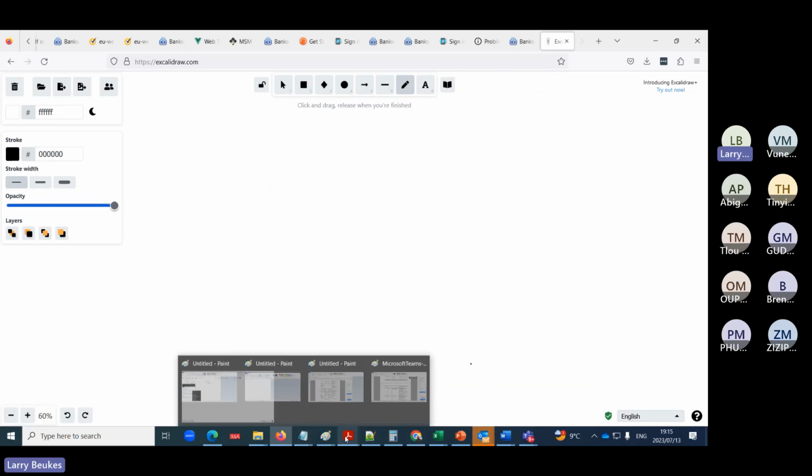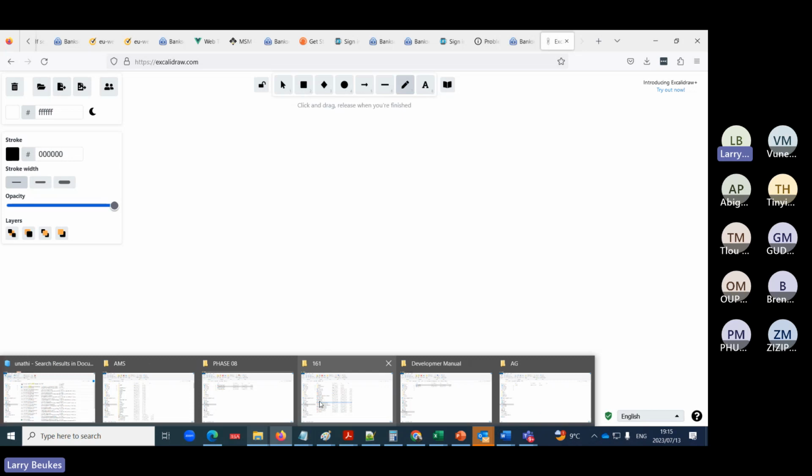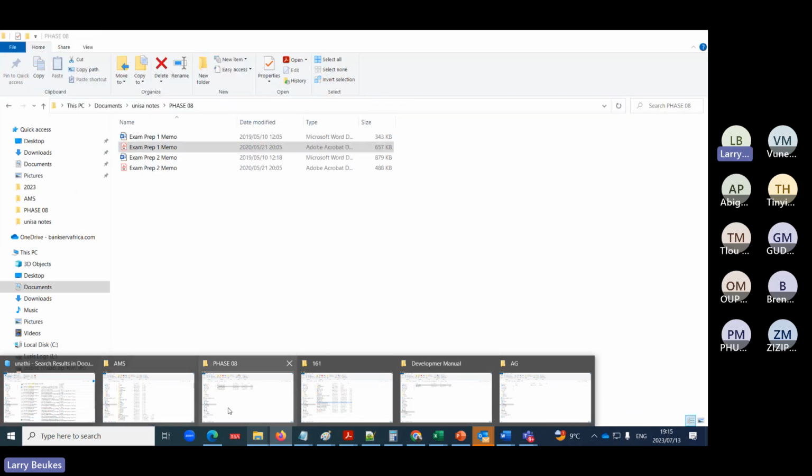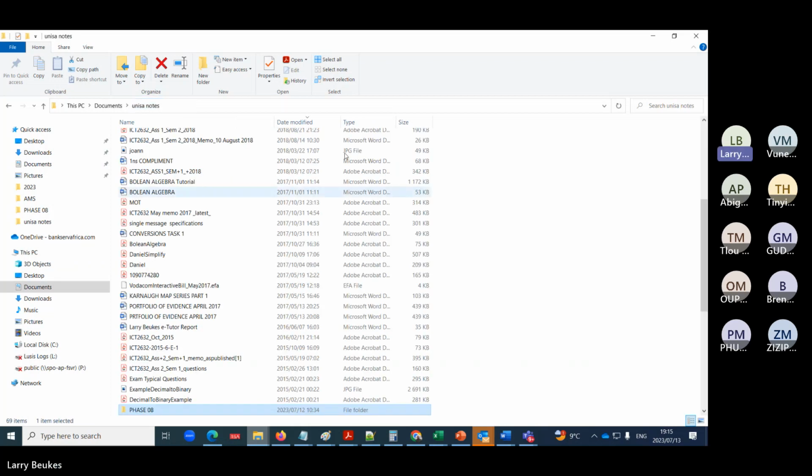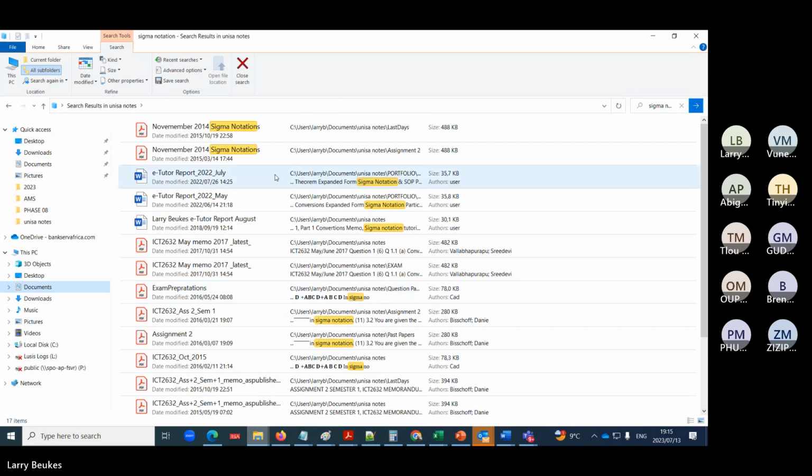So it's just trying to see if we can get a good sigma notation. Sigma notation question. Okay, let's just see this one.